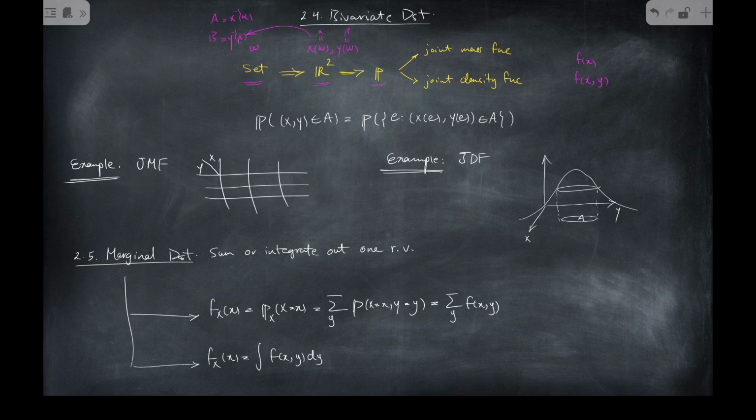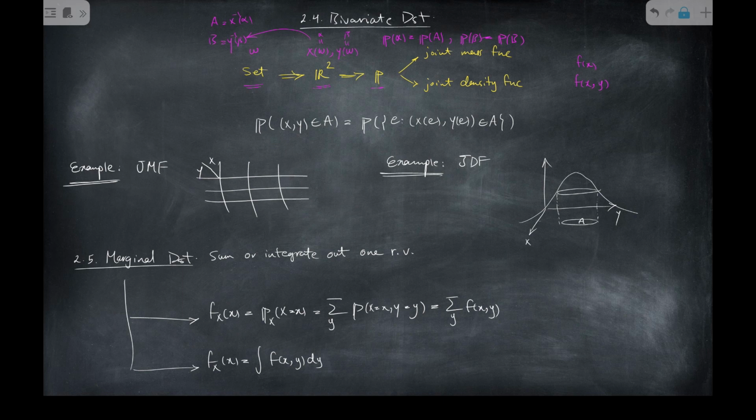Then we compute the probability of alpha as the probability of set A, and the probability of beta as the probability of set B. So you can think about these two random variables separately, and that's fine.